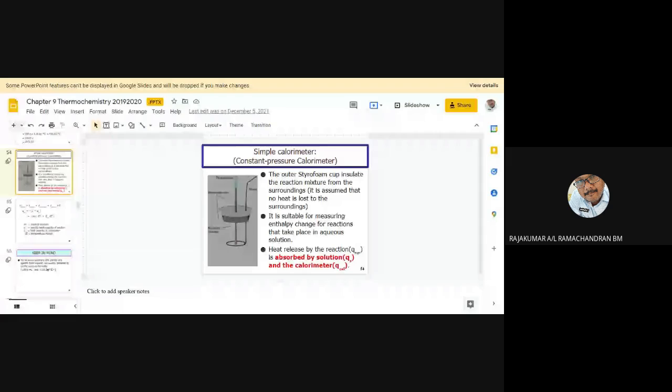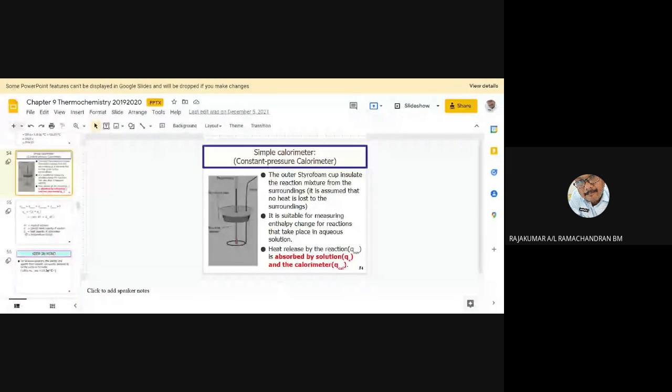Okay, so I will share. Mana ni. So nampak simple calorimeter, constant pressure calorimeter, dia banyak nama.